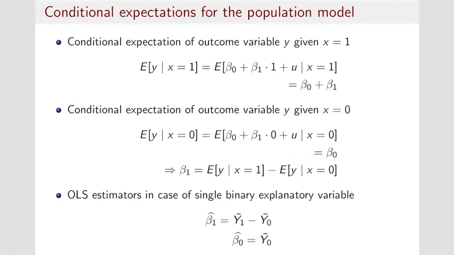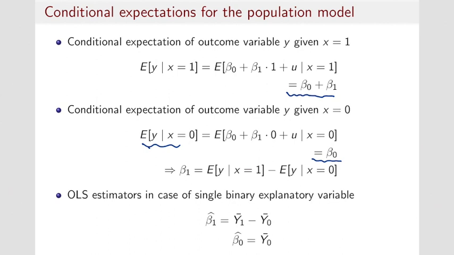If we further plug the population model for yi into these two conditional expectations, we can simplify them. The conditional expectation of the outcome variable y given x equal to 1 is beta 0 plus beta 1, and the conditional expectation of the outcome y given x equal to 0 is simply beta 0.